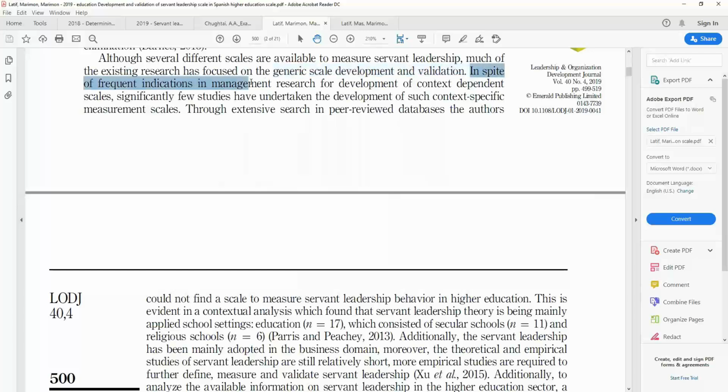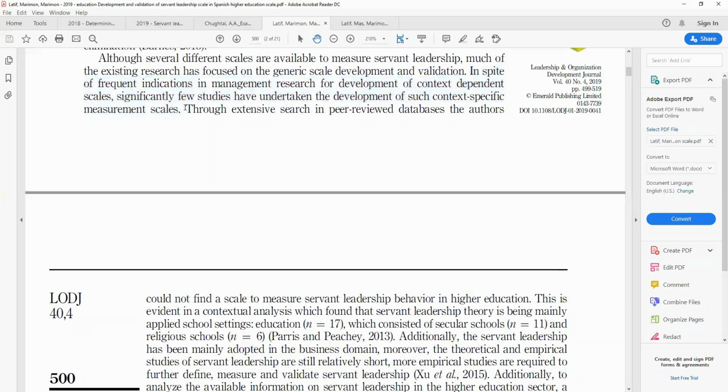In spite of frequent indications in management research, existing research has called for context-dependent scales. What do we mean by context-dependent scale? For higher education, if you are to measure a particular concept, there should be its own scale. If you want to measure it in corporations, they should have their own scale.